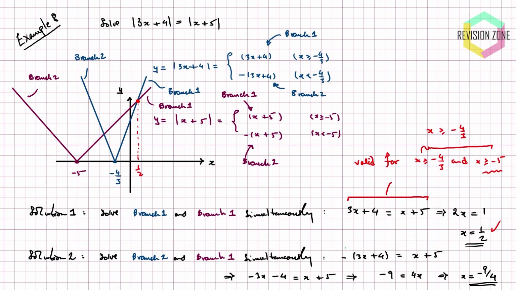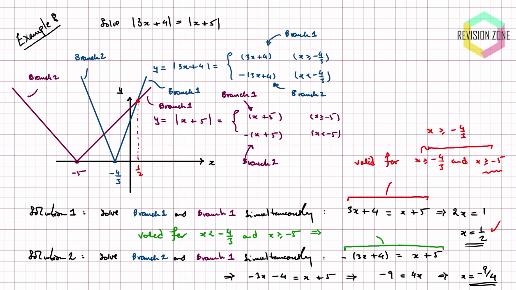We can basically come and repeat this way of thinking for this, and we can say, well, what is this valid for? So again, we're going to have the blue branch is now 2, so it's going to be x less than -4/3. And our purple branch is again the same, so it's just going to be x bigger than or equal to -5.